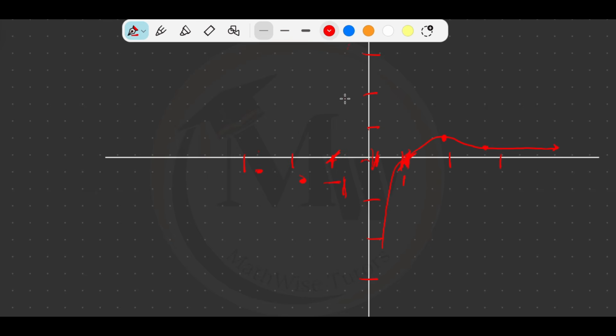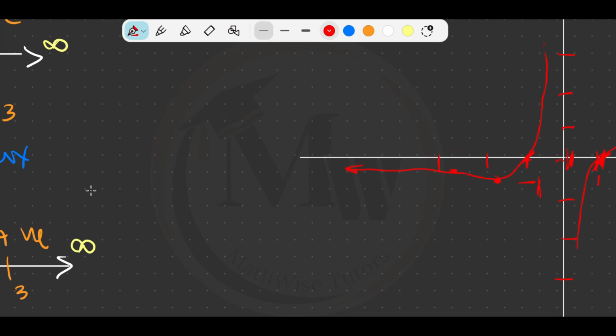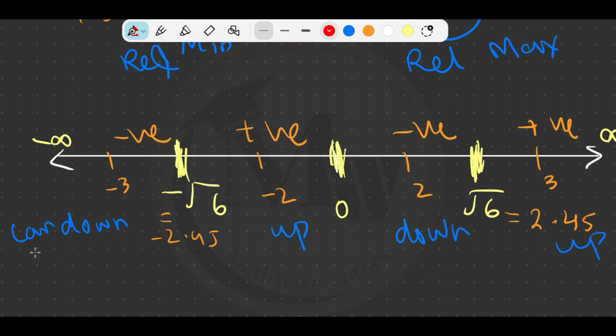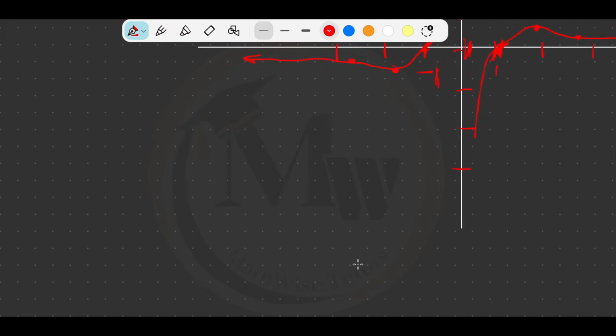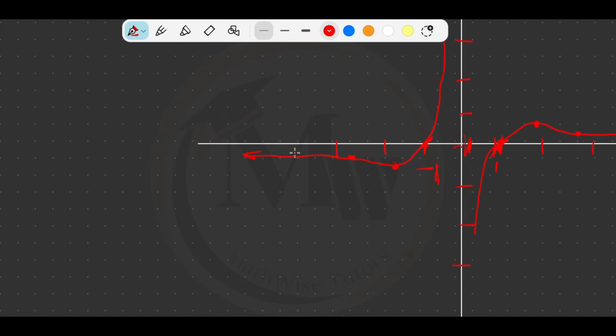Same here, this is decreasing and then concave up, and it keeps going with the horizontal asymptotes. Here you notice that at square root of 6, this is concave down, this is concave up, concave down and concave up. See, at this point concave is down, then concave up, same concave down and concave up.